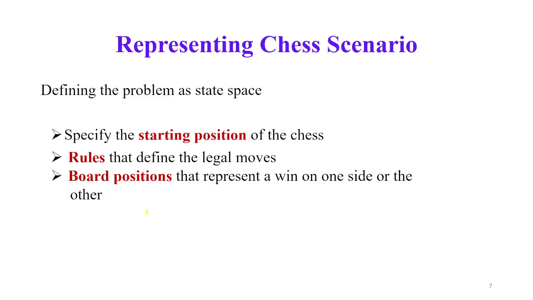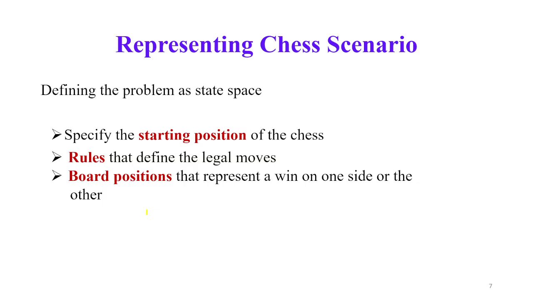First is the starting position. What is the starting position on the board? Every piece in its standard opening position. That's the initial state. Every piece, in the sense every coin, is in its original position. That's the board with no moves made. All the coins are positioned in the space allotted for them.